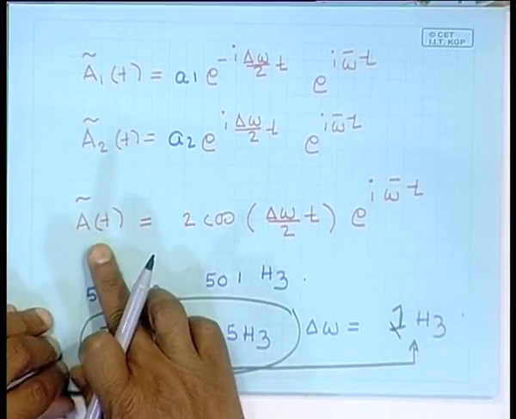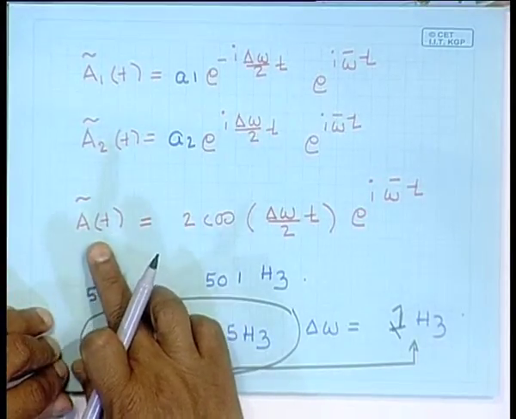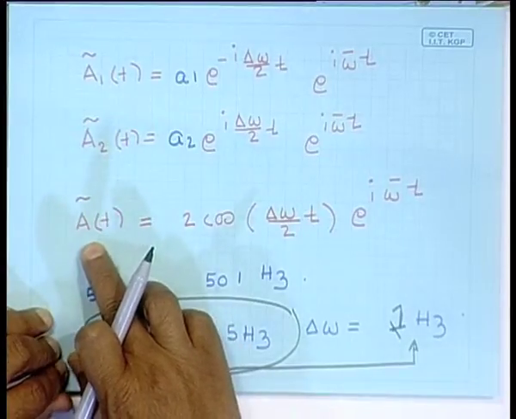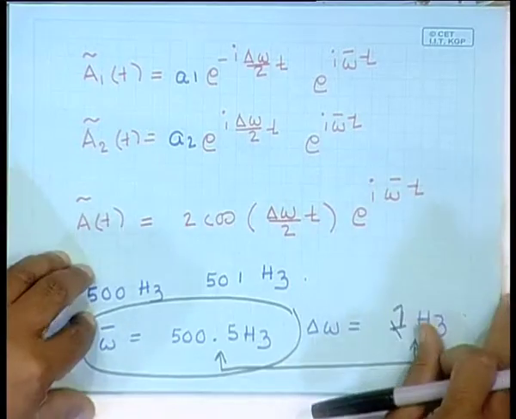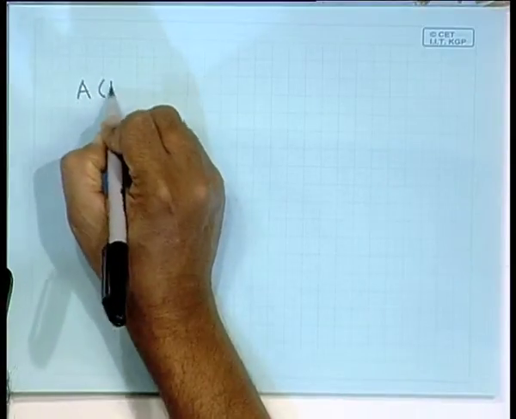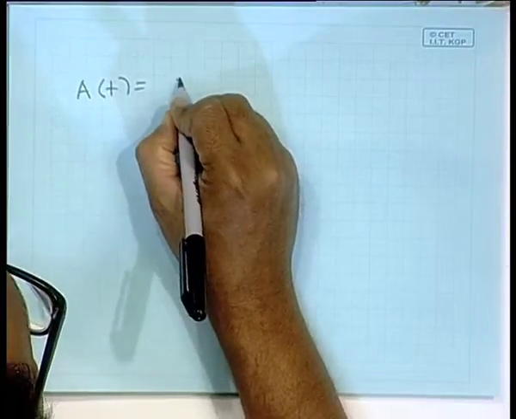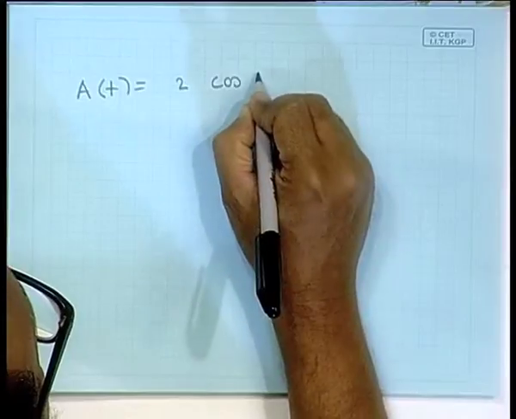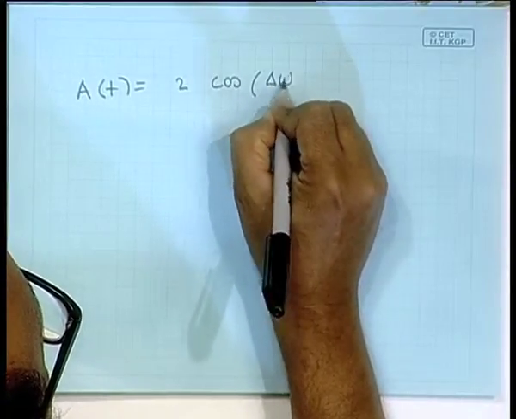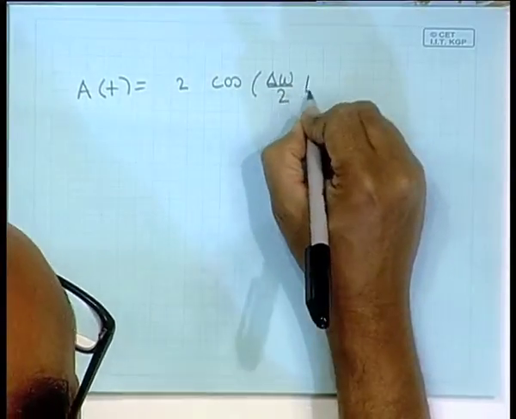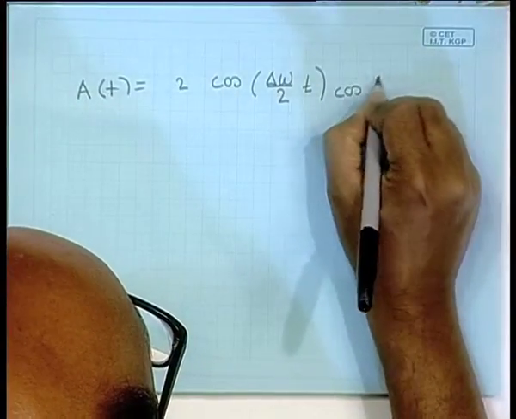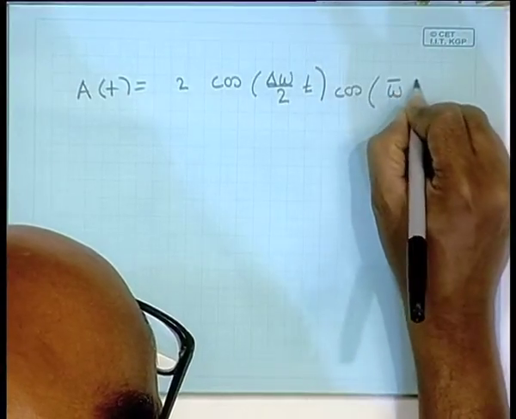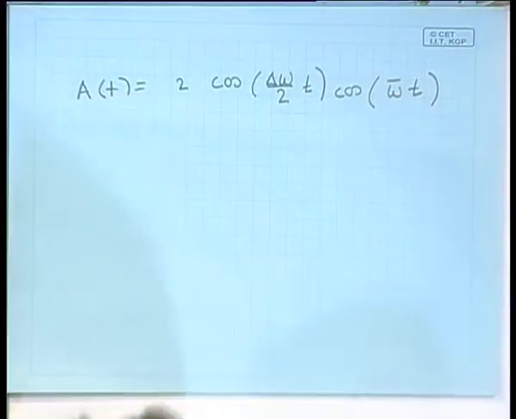The way to calculate the intensity is to take the quantity that you really measure, which is the real part of this expression. The real part of this expression is A(t), which is 2 cos(delta omega by 2 t) into cos(omega bar t).